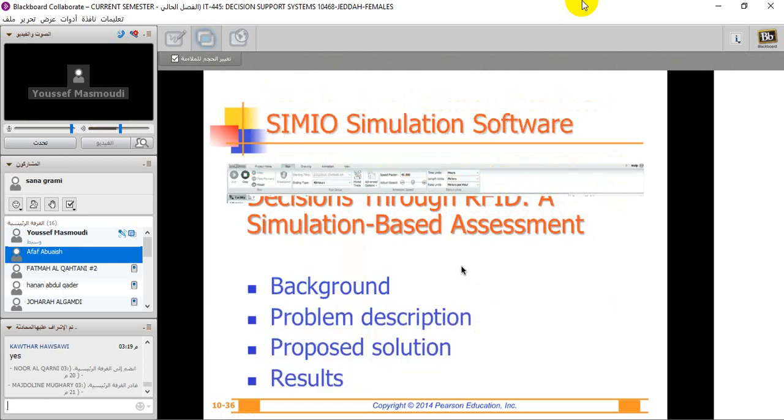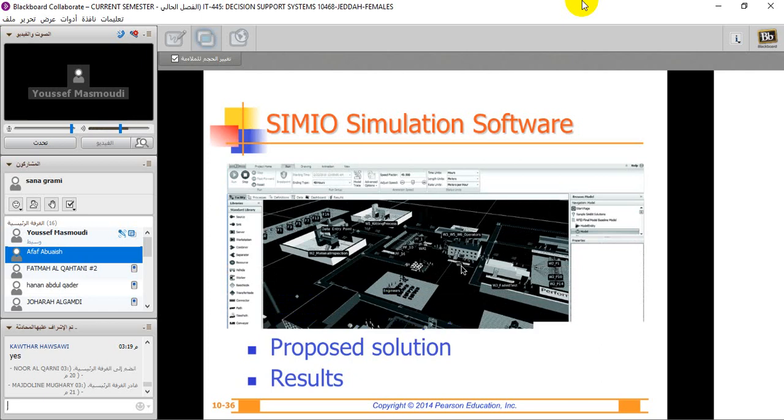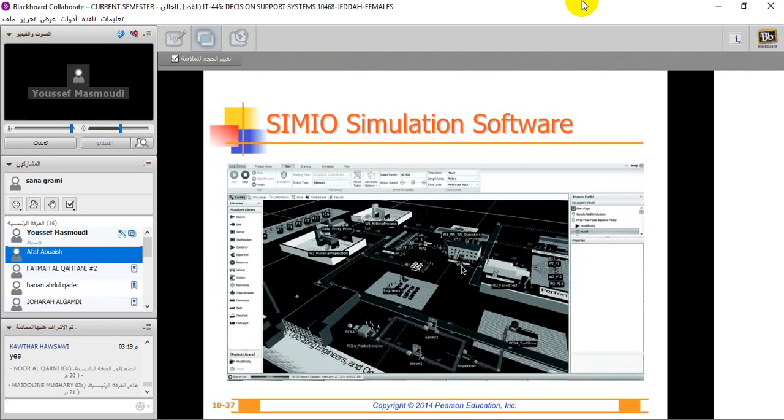Another case study, job shop. This is another simulation software called Simio simulation software, and here we are simulating a manufacturing plant. We have several machines, okay, and each machine has a production capacity. The work goes machine after machine after machine. So let's simulate: if you run the first machine for one hour, or for two hours, what will happen to the third machine, and what will happen to the fourth machine?